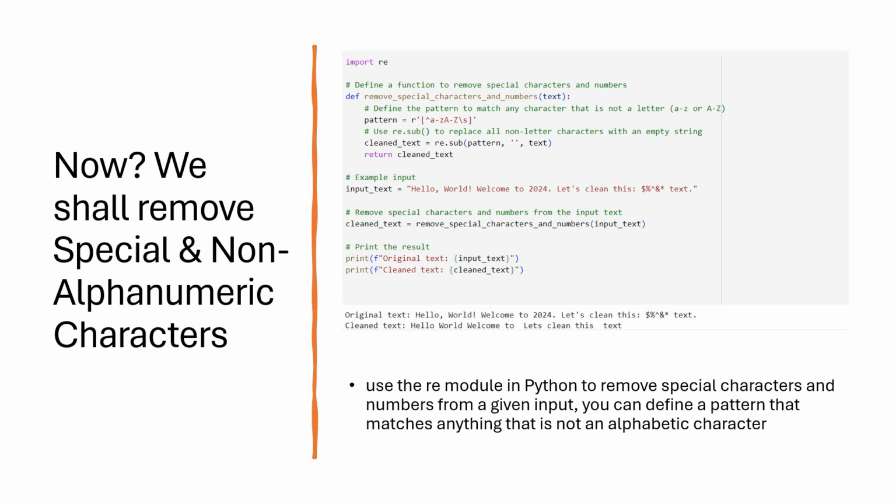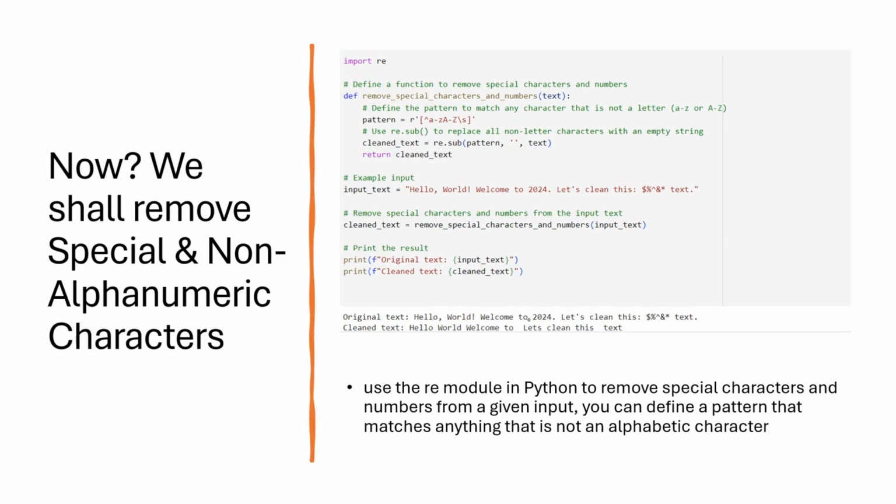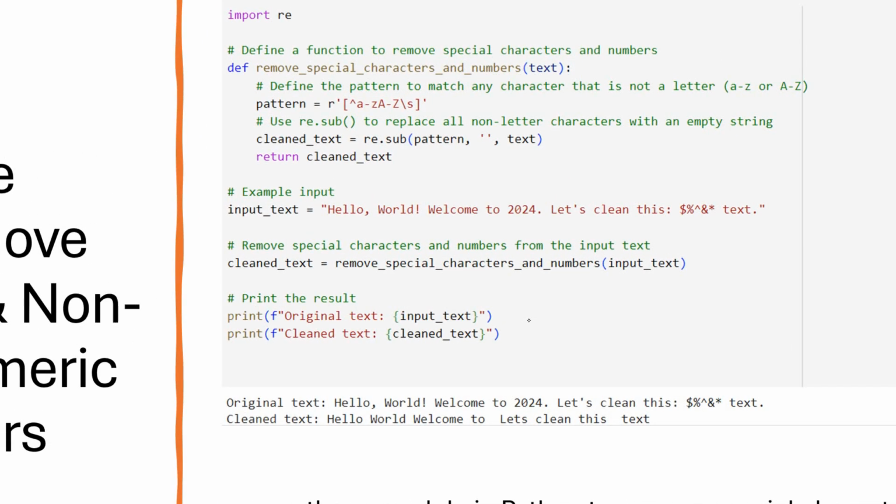Now, what do we do next? We are going to remove the special and non-alphanumeric characters. We are going to use the re module in Python to remove the special characters and numbers from the given input. You can also define a pattern that matches anything that is not an alphanumeric character. So see the code. It's a very simple piece of code that we have written, and for your benefit, I have given the comment lines.